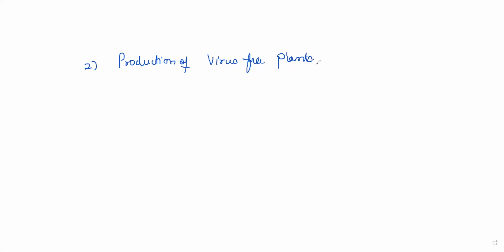So the basic method of obtaining a virus-free plant is a culture of the apical meristem. So what is important over here is we need a culture of the apical meristem. So this is important, apical meristem. If the growing tip, because apical meristem is a growing tip, right?